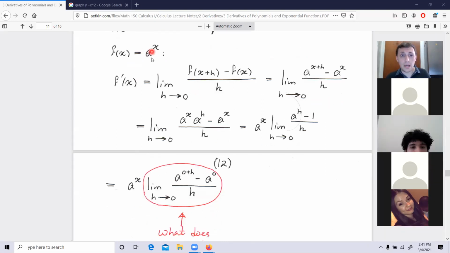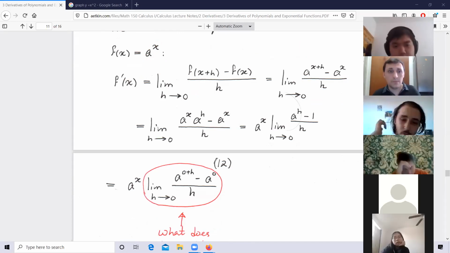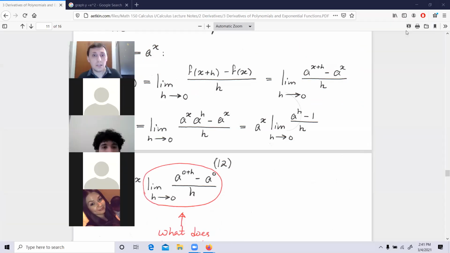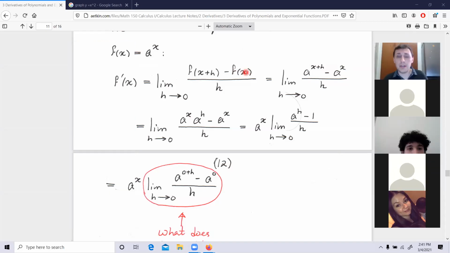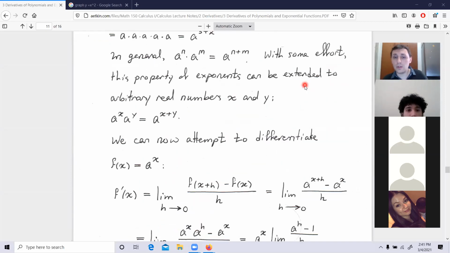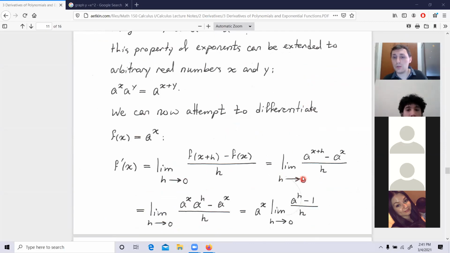So here I'm going to try to go by the definition of the derivative using the second formula for a to the x. Are you ready? So I write f of x plus h minus f of x over h. And the reason I use that formula, look at it, guys. Let's see if you can get it. So it's limit as h goes to 0 of a to the x plus h minus a to the x divided by h.